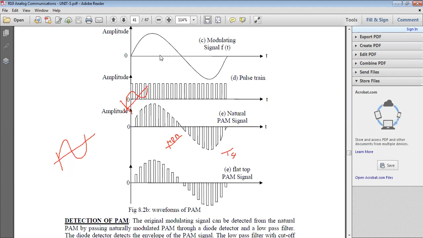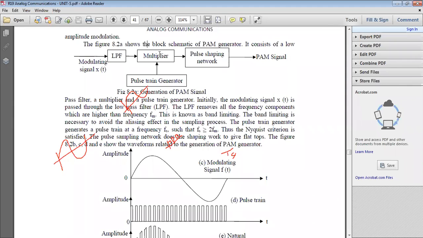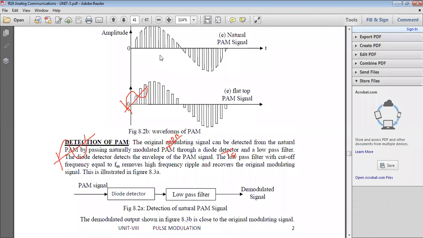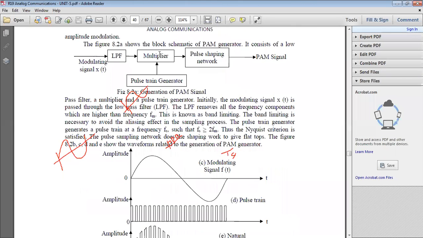So at the output of this multiplier we get this signal.